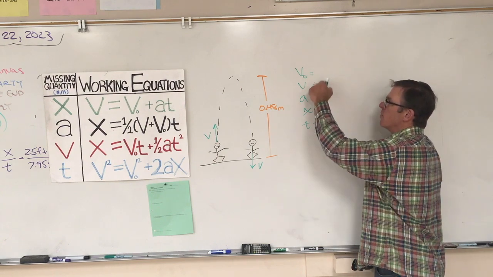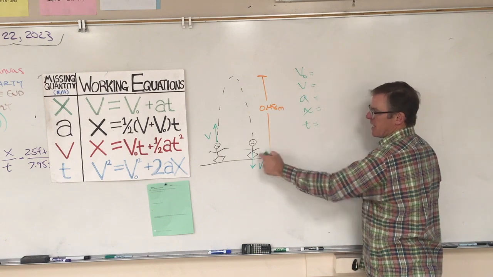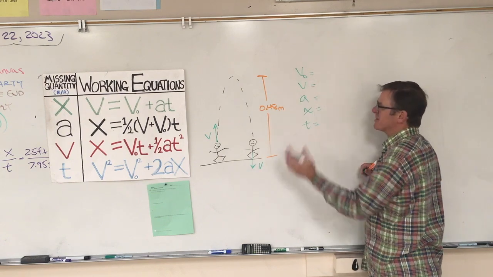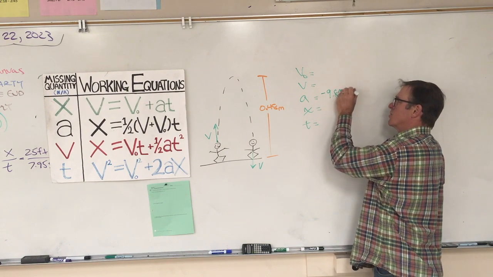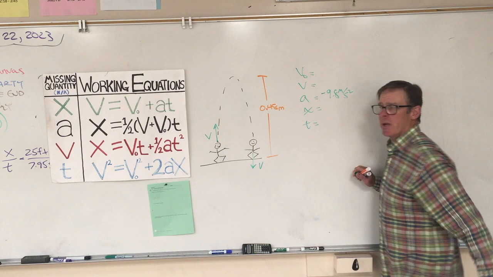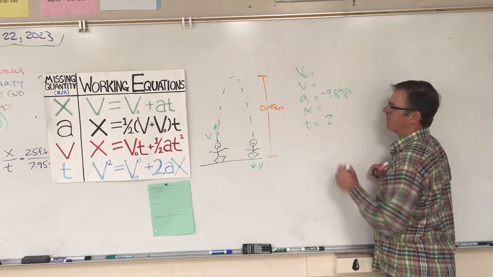I mean, you don't know these speeds. They're the same number, the final being negative and the initial being positive, but you don't know what that number is. You know the acceleration due to gravity is what keeps them from going up indefinitely and coming back down, and we want the time.